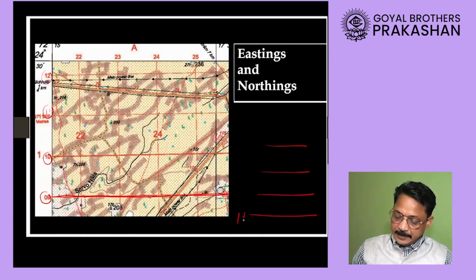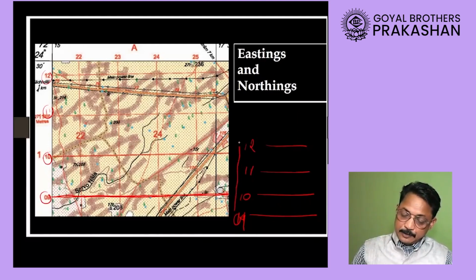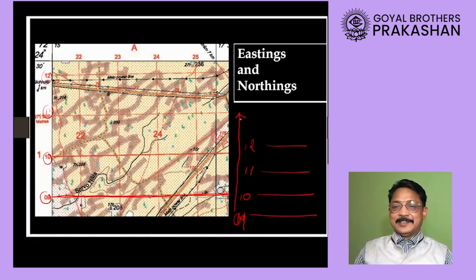So we find here numbers are increasing 09, 10, 11, 12. So the number is increasing towards the north. Therefore, we are calling them northings. So northings are the horizontal lines in a topography map, and eastings are the vertical lines in a topography map.